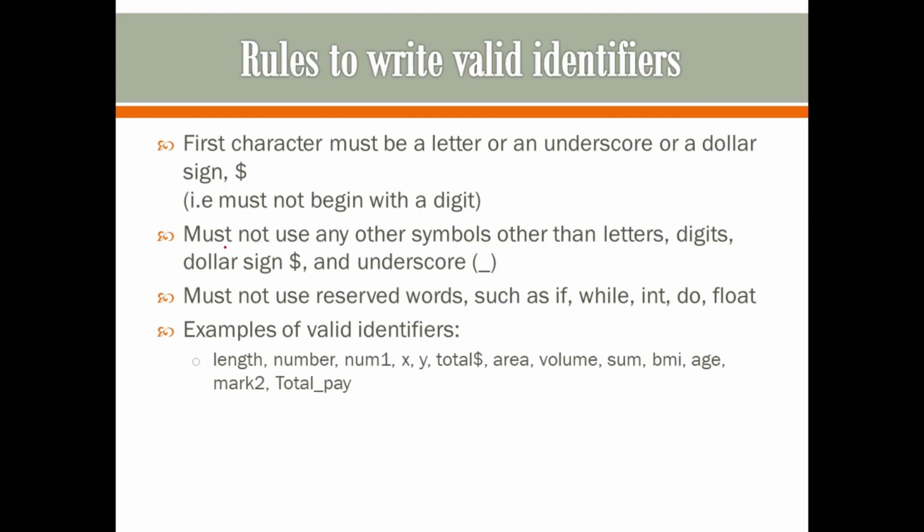Second, must not use any symbol other than letter, digit, dollar sign, and underscore. Must not use a reserved word such as while, integer, do, float, class, and many other reserved words. So all reserved words cannot be used as an identifier.